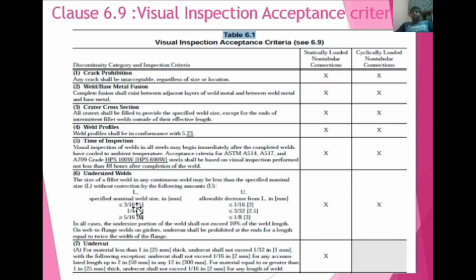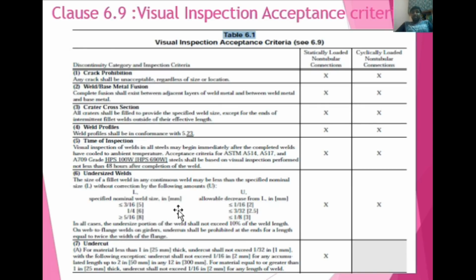If you go to underside weld, the specified nominal weld size is 5 mm, but an allowable decrease of 2 mm. So if the weld size is 5 mm and in some areas you have welded 2 mm less, it is acceptable.